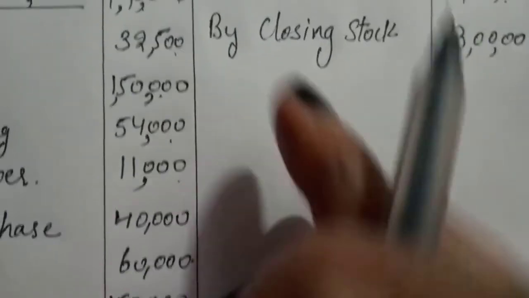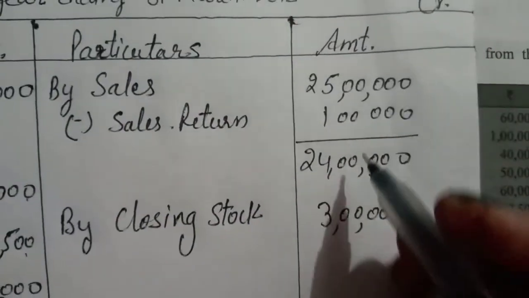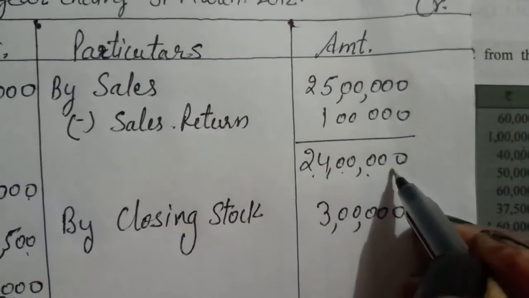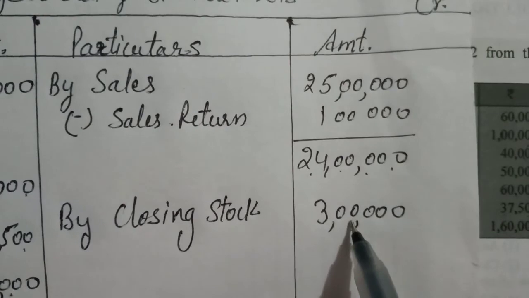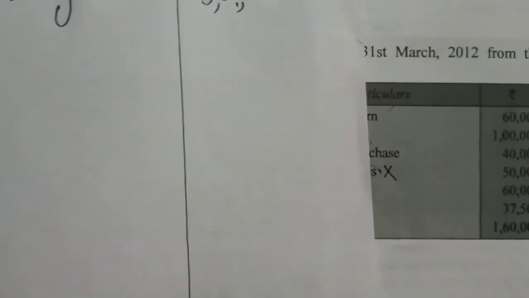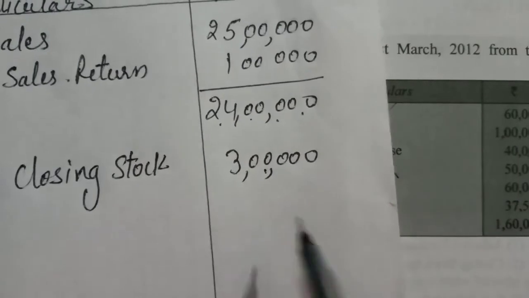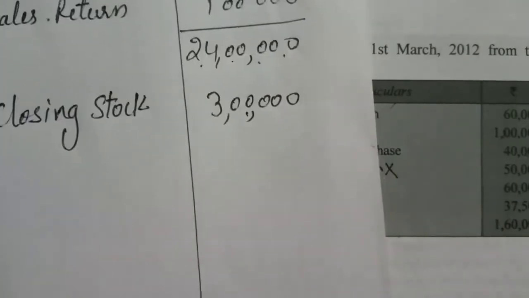Then deduct 24 lakh and 3 lakh. See, I am doing the total. You just see here. This is 27 lakh.